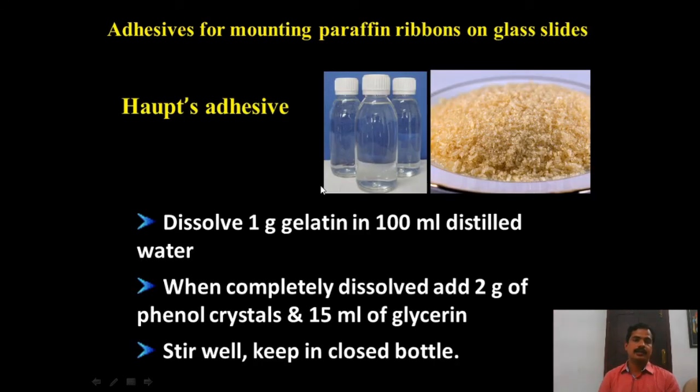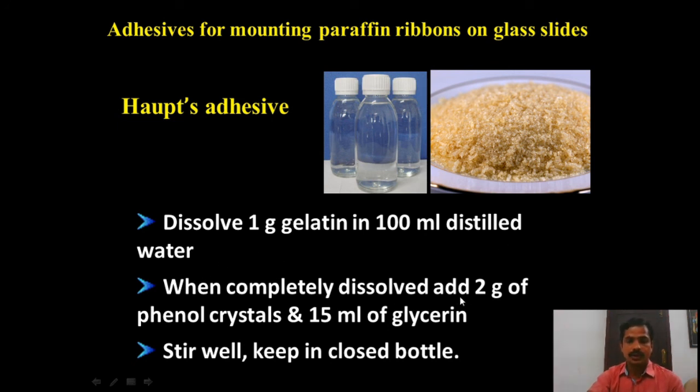Then a short account of a few adhesives used for fixing wax ribbons on the slides. The most important, commonly used adhesive is Haupt's adhesive, and this adhesive is very easy to prepare by dissolving 1 gram of gelatin in 100 ml of distilled water.